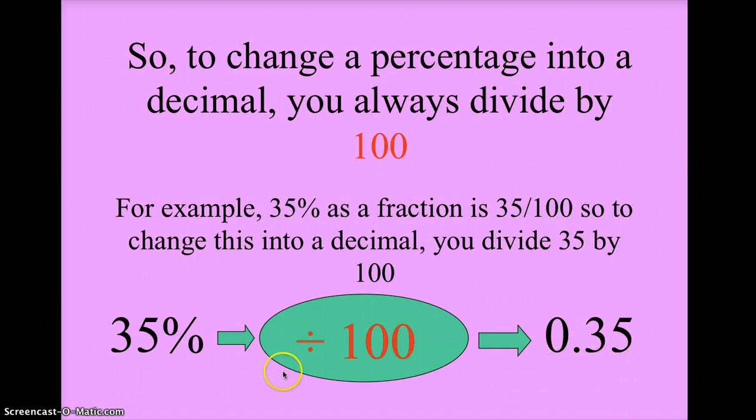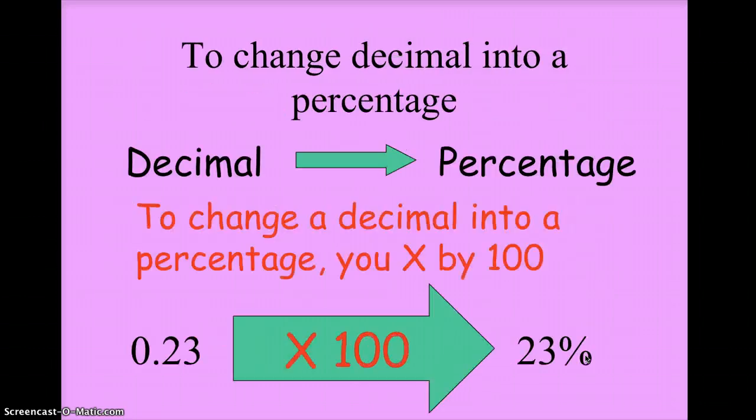Or you can just move the decimal point, which is at the right of the 5, by 2 places. So 1, 2, that's for your 100, and you will get 0.35 or 35 hundredths.